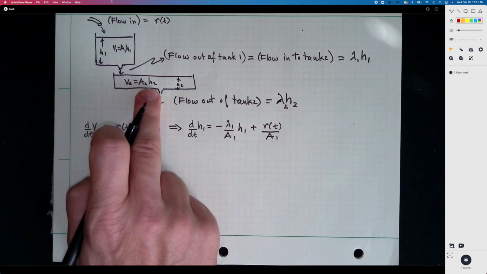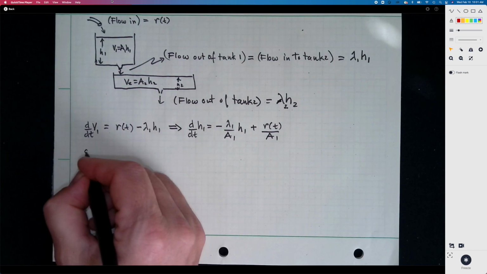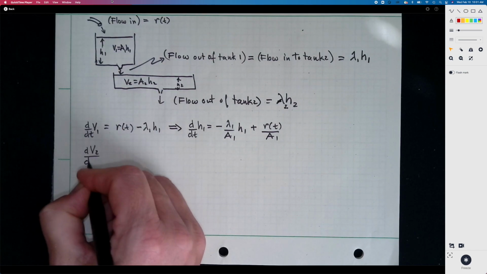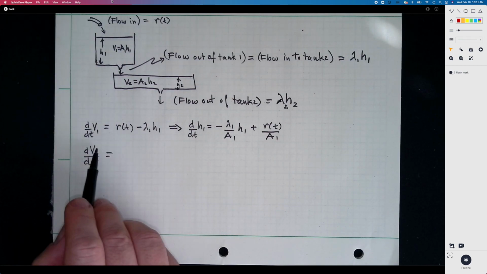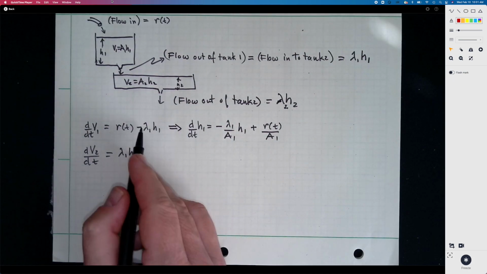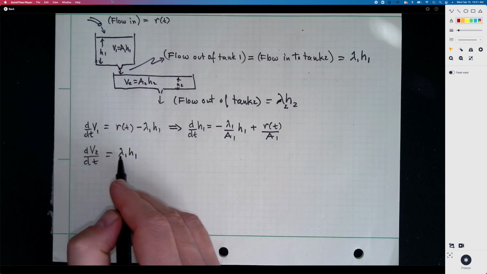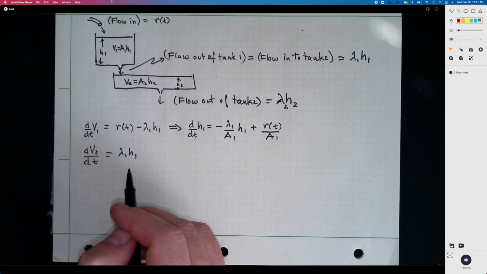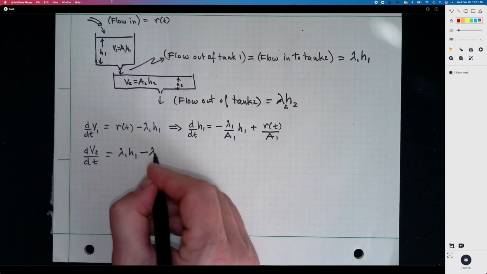Now we can write down the volume conservation law for the second tank. We have dV2 dt is equal to the flow in, which is the flow out of the first tank, lambda 1 H1, and notice that the sign changes. What flows out of the first one with a negative flows into this one, so there's a positive. And then the flow out of the second tank, which is minus lambda 2 H2.